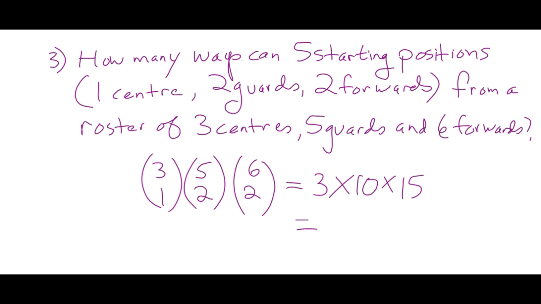So there are 450 possible combinations of players that can make up those 5 starting positions.